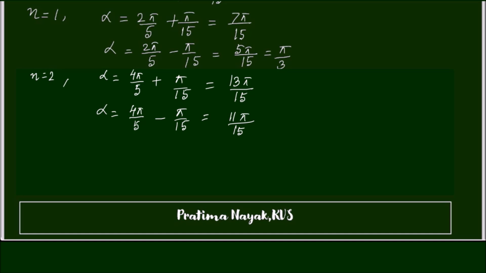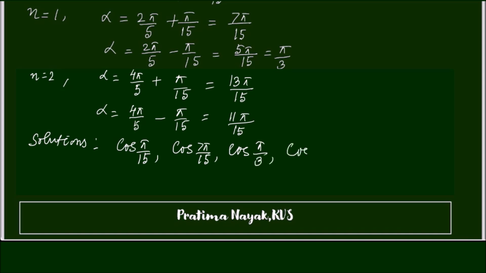So the solutions are cos pi by 15, cos 7 pi by 15, cos 5 pi by 15, that is pi by 3, cos 13 pi by 15, and cos 11 pi by 15.